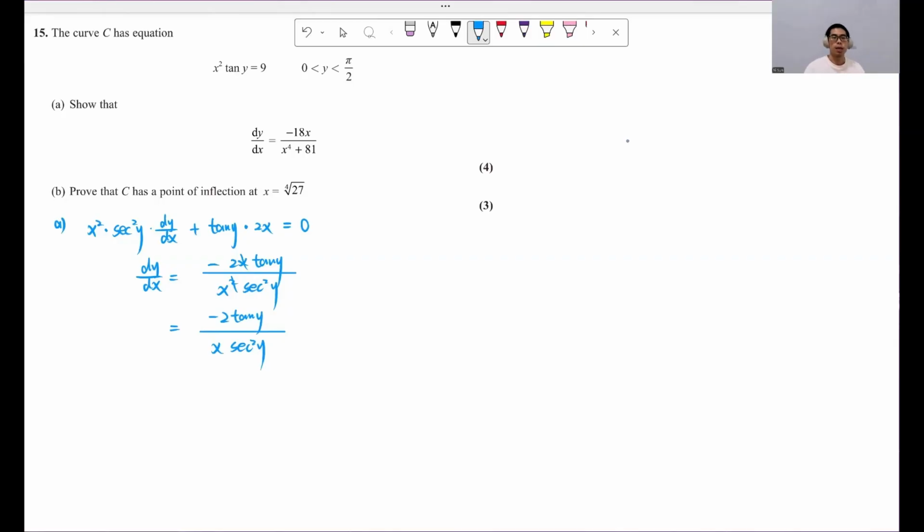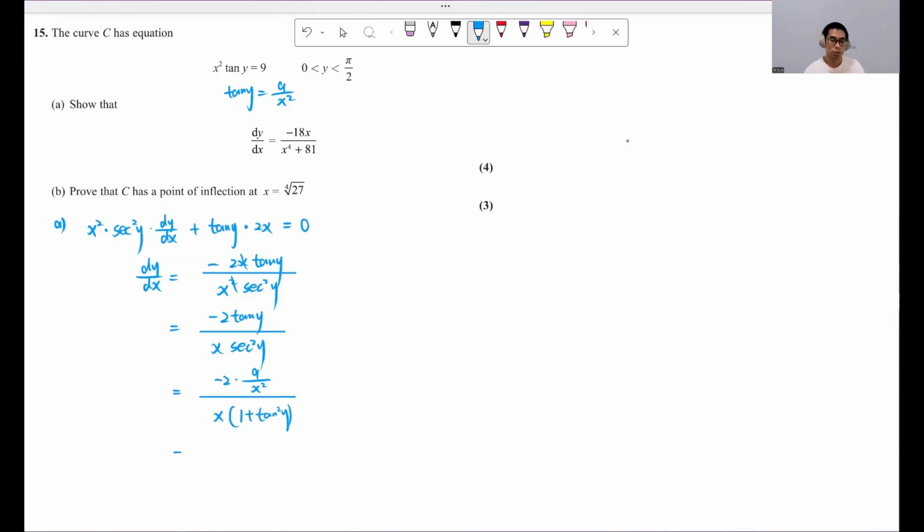So we know x squared tan y equal to 9. So that means tan y is equal to 9 over x squared. So we can change that. On top, tan y would be 9 over x squared. And in the denominator, we have sec²y. There's an identity we can use to change sec² into tan y: 1 plus tan² is equal to sec²y.